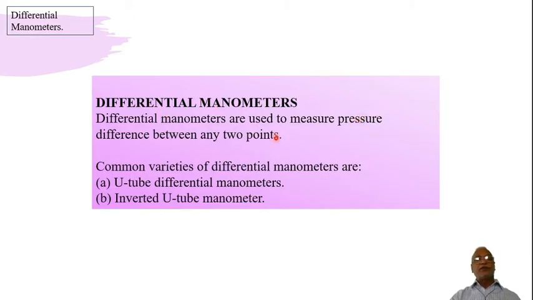Differential manometers are used to measure pressure difference between any two points. Suppose we have a point A and point B, the manometers will not be able to give the pressure at point A and the pressure at point B. We will not be able to judge what this pressure is, what that pressure is, but we can get the difference in pressure between A and B, meaning PA minus PB or PB minus PA.